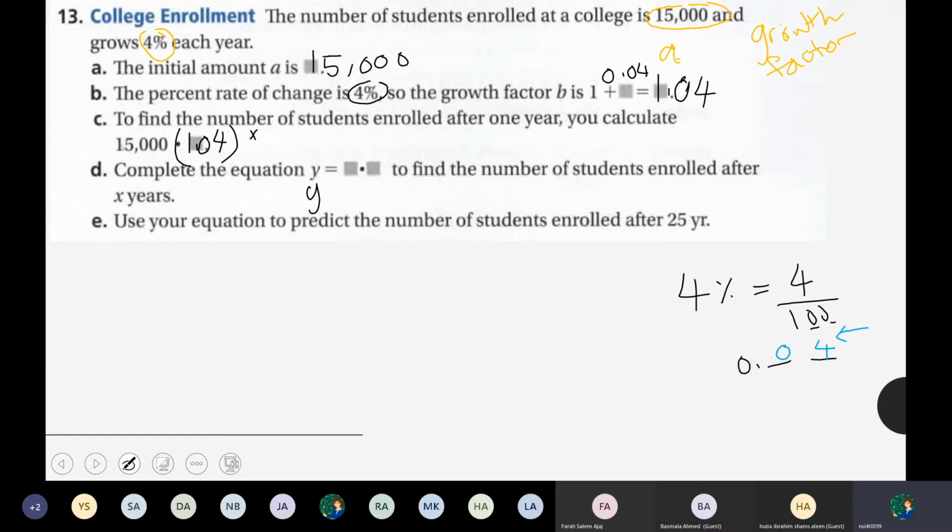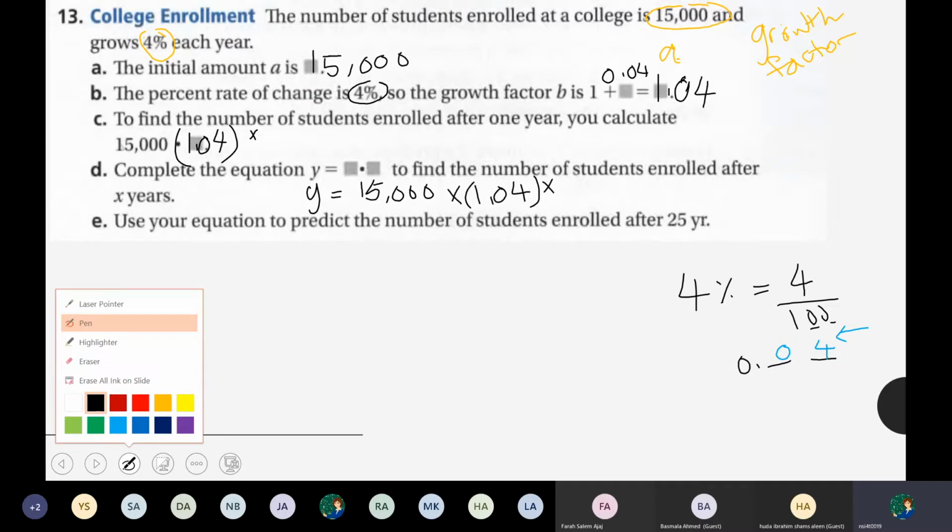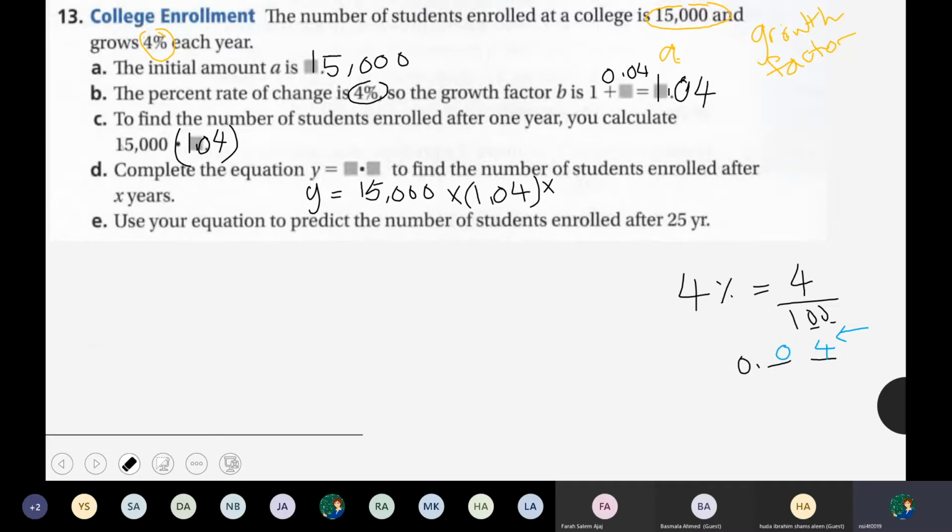You say y is 15,000 multiplied by 1.04. I'm sorry, here after 1 year, so without x, because x is 1. You just multiply 15,000 by 1.04.